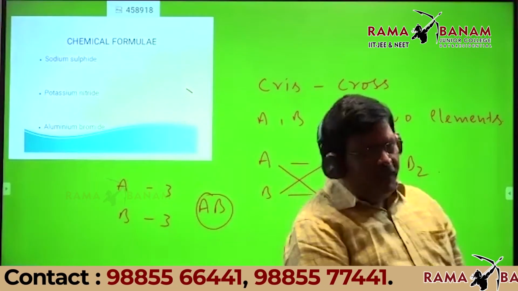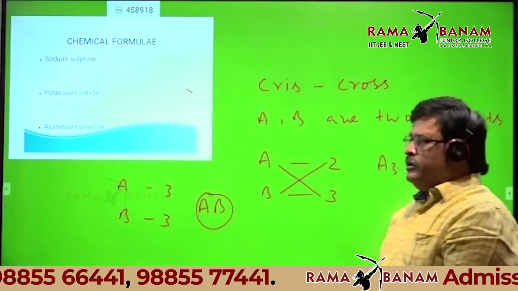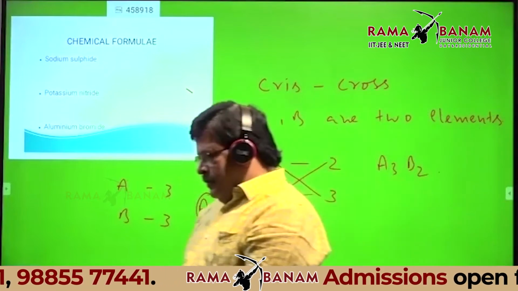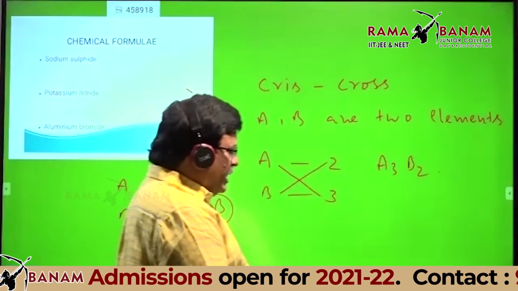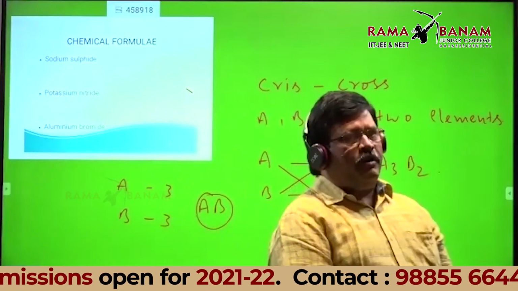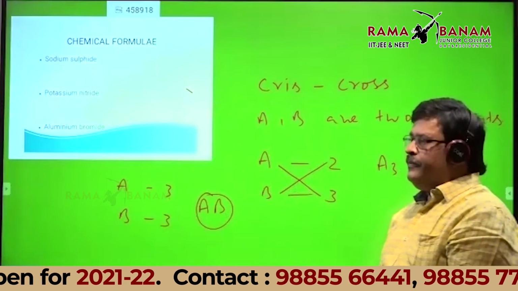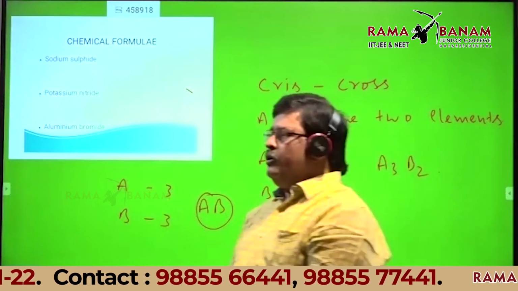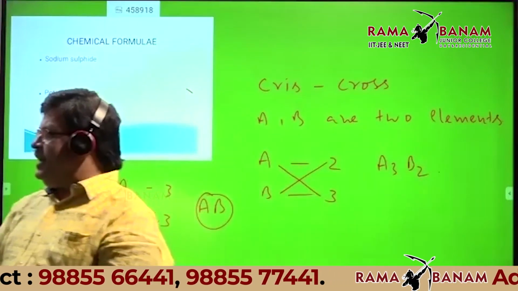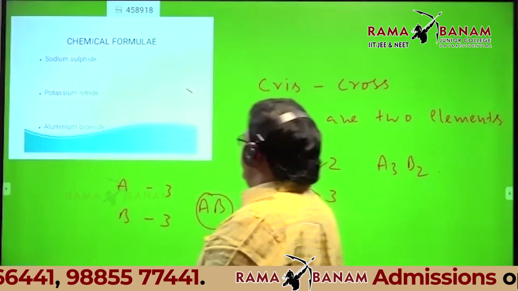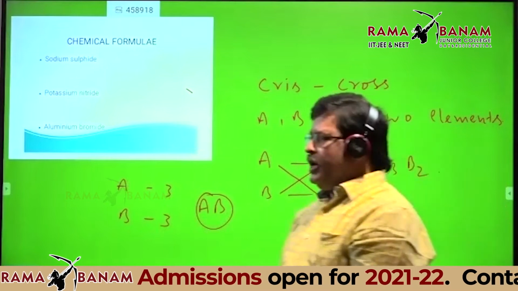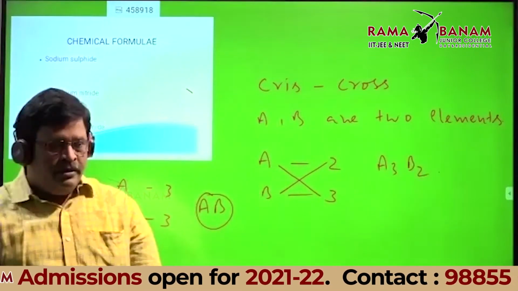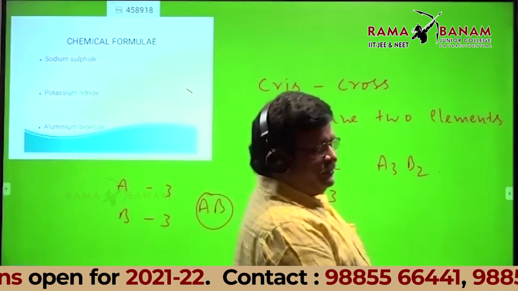Don't copy it from your note. On the first day only I told you to read every day at least minimum 1 hour chemistry, 1 hour physics, 1 hour math. Then only you can follow, then only you can reach your goal. If you know the formulas of sodium ion and sulfide ion, then it is very easy to write.